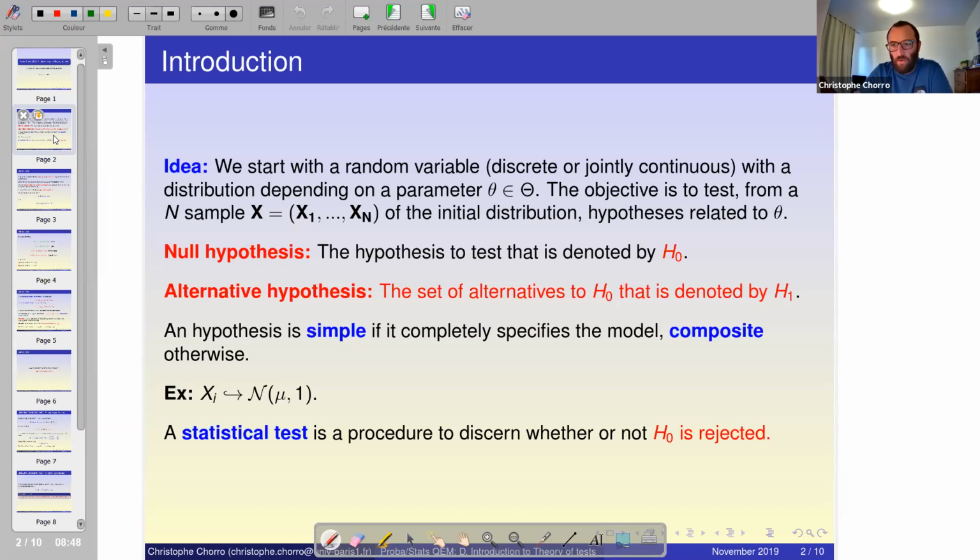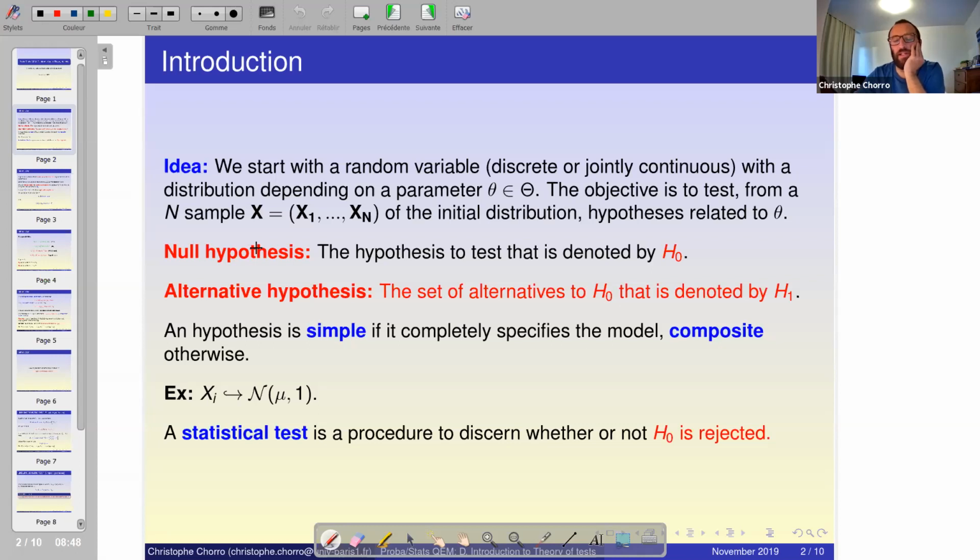And we know that this distribution depends on an unknown parameter theta. The observations are supposed to be independent and identically distributed because I have a sample here, and their distribution depends on this theta.